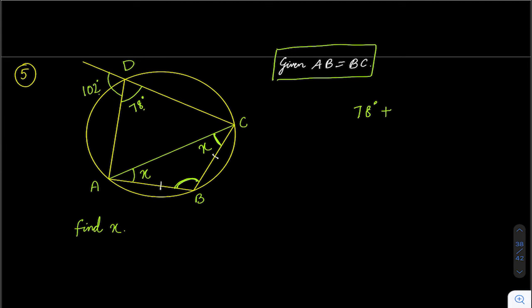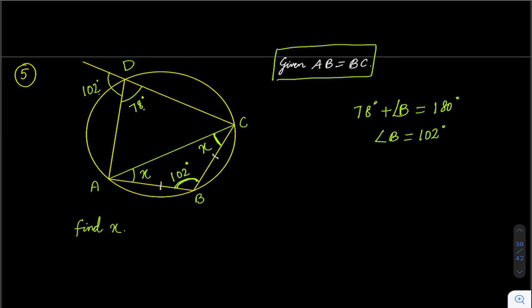So 78 plus angle B is equal to 180 degrees. This angle B comes out to be 102 degrees.